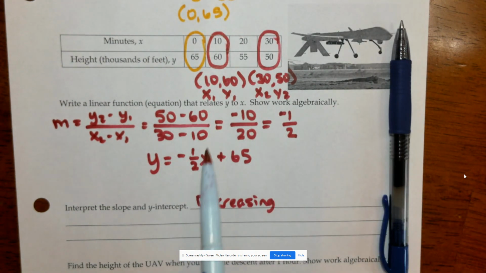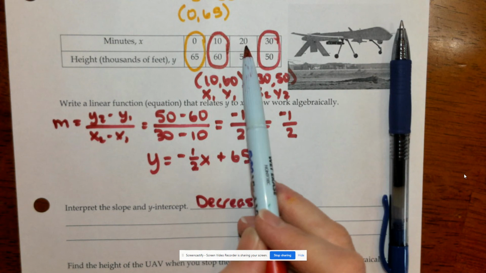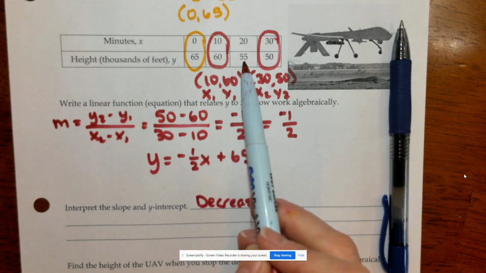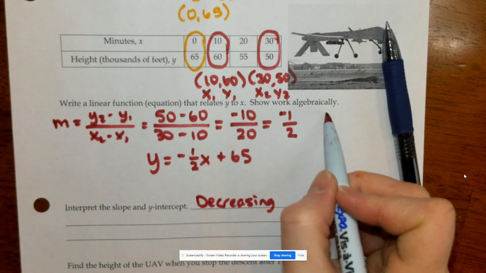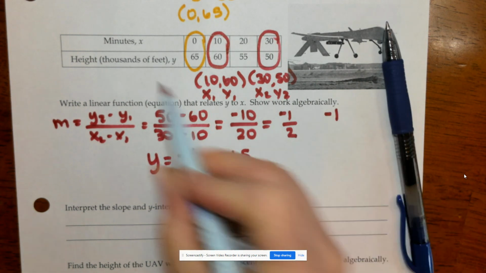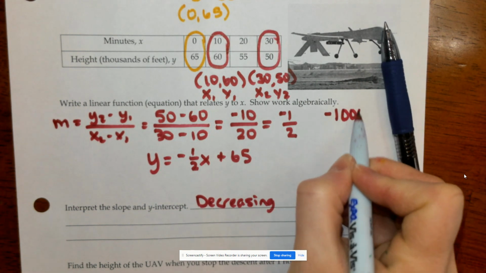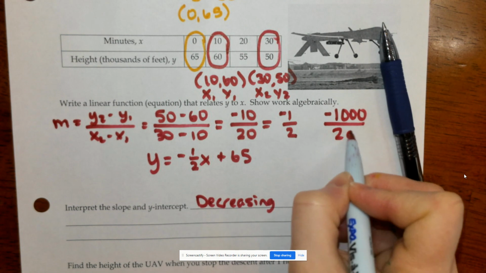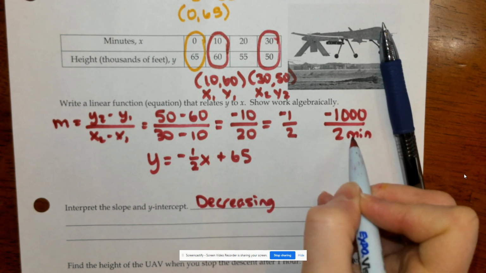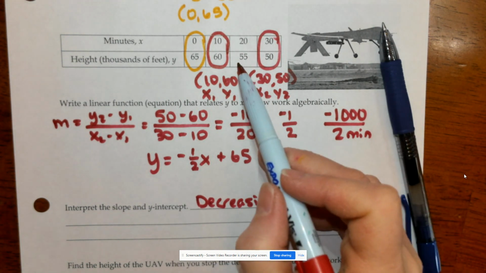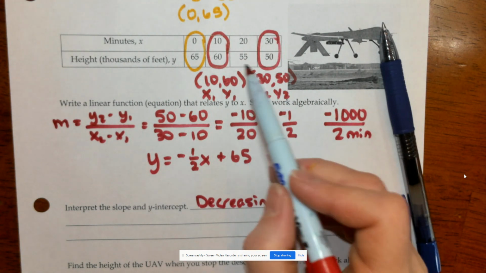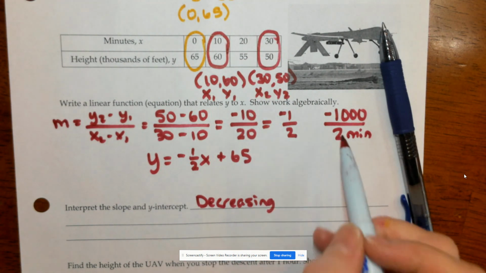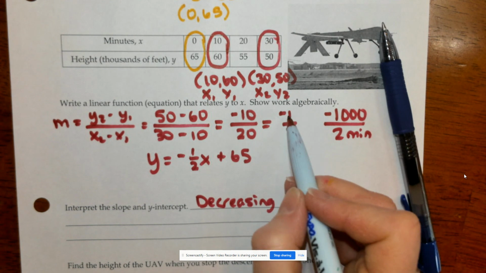I'm going to look up here and say every 10 minutes I lose 5,000 feet. Okay, so the change in y, right, it's a negative 1. Now remember, that's in thousands of feet, so negative 1,000 every 2 minutes. I could use that. I can also use that it's a decrease of 10,000 every 20 minutes or 5,000 every 10 minutes. According to the slope, it's the change in y.